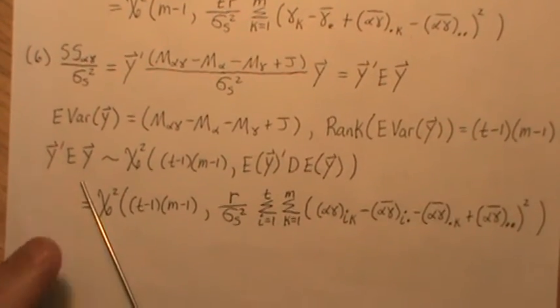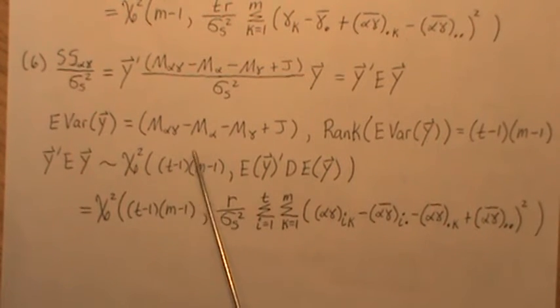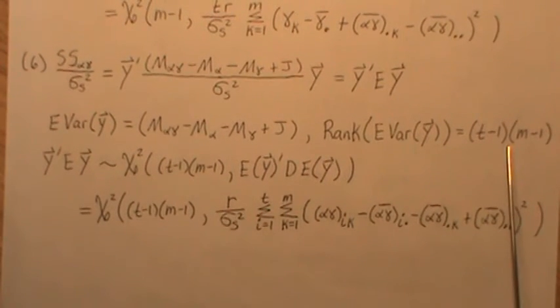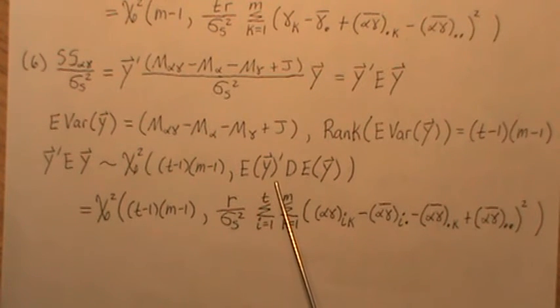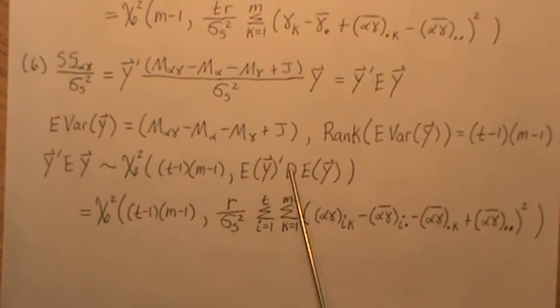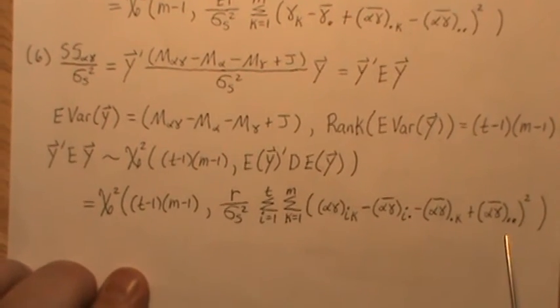So it is a non-central chi-square distribution with this degrees of freedom, and it has this non-centrality parameter. And then in part 7 we showed that in scalar form it is this.